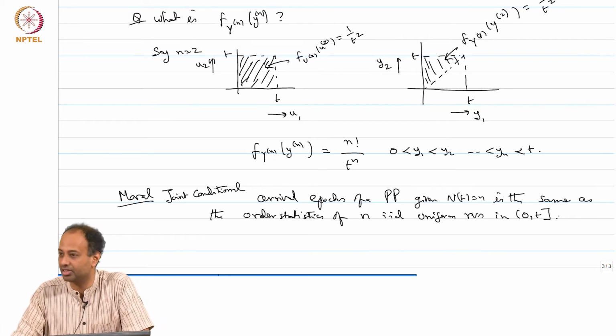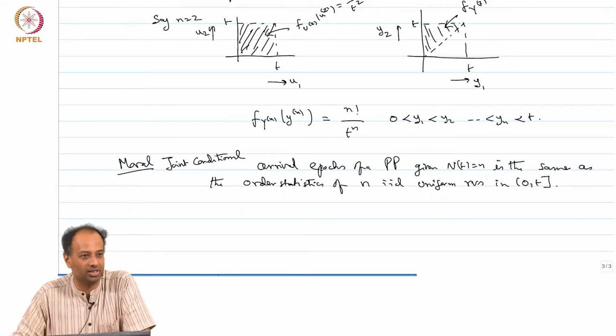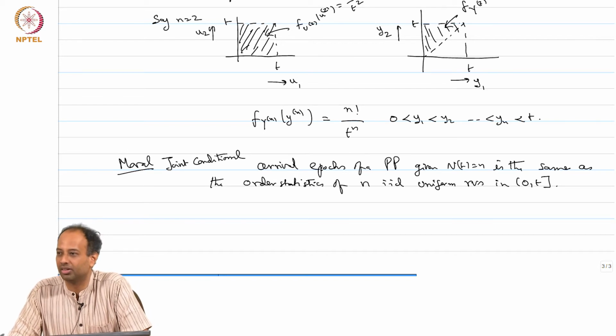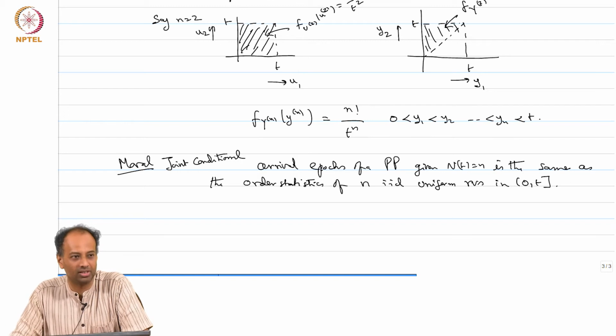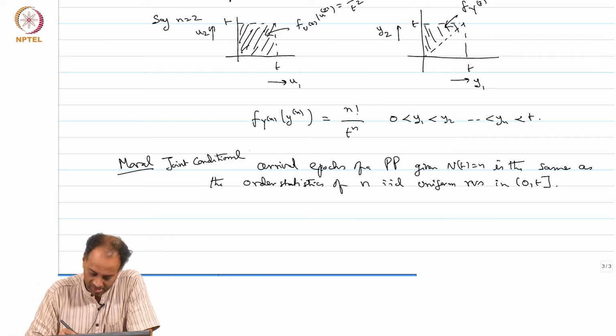They are statistically indistinguishable. So, whatever you know about n IID uniforms and their order statistics applies for the joint conditional density of the arrival epochs given N(t) equal to n.